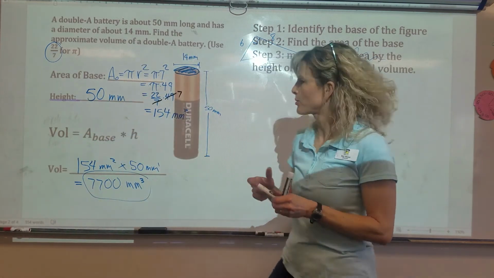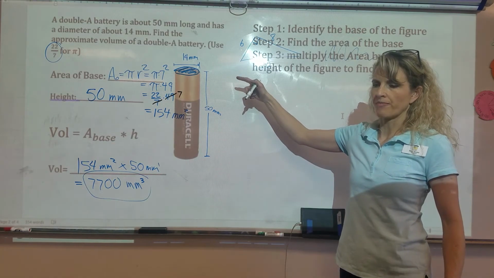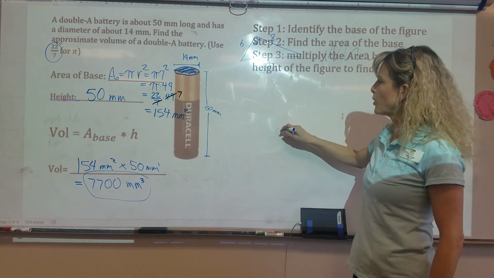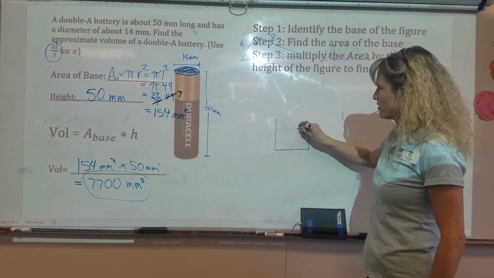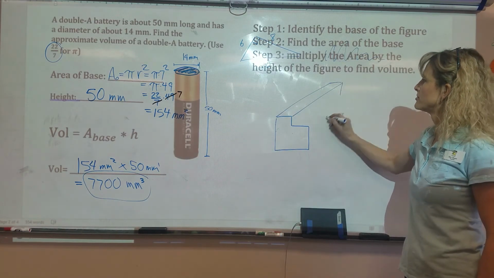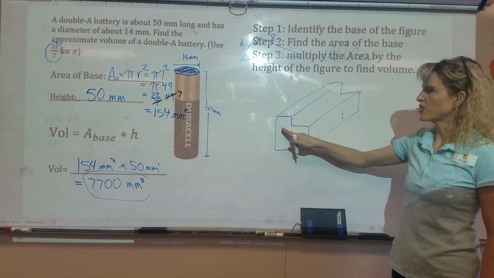Okay, I'm going to follow up with one more question. We just did a triangular prism and we did a cylinder. What if I had a weird shape like, say, the state of Utah, and that was a prism? And I had a bunch of dimensions in here.